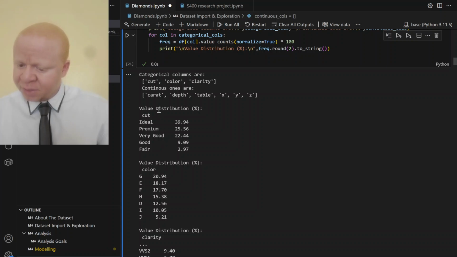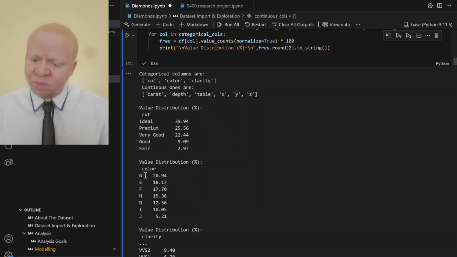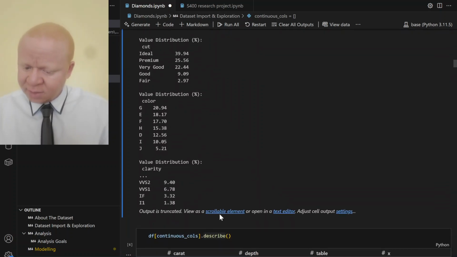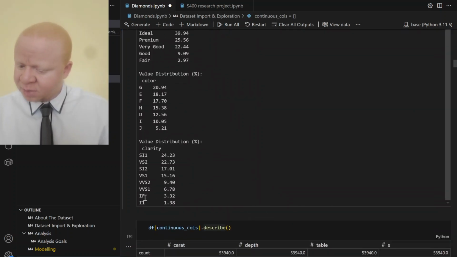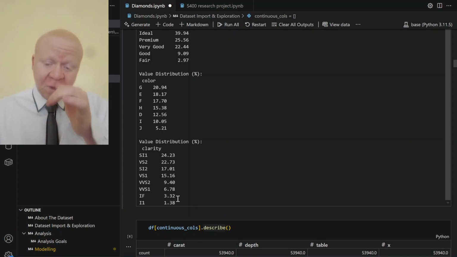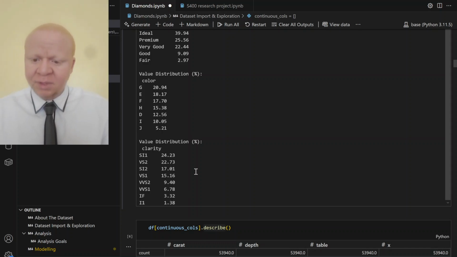From there you can see that for the cut, 39% of the diamonds were an ideal cut. 20% of them had the G color, probably slightly yellow I believe, and as you can expect, things like internally flawless diamonds had a very low percentage of 3.32.